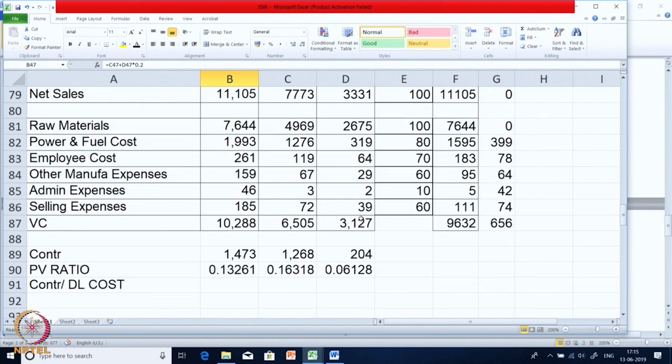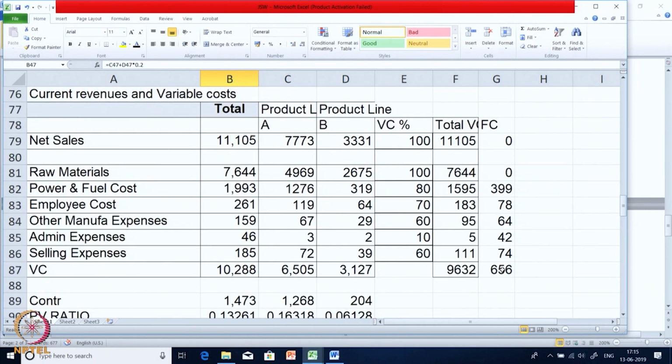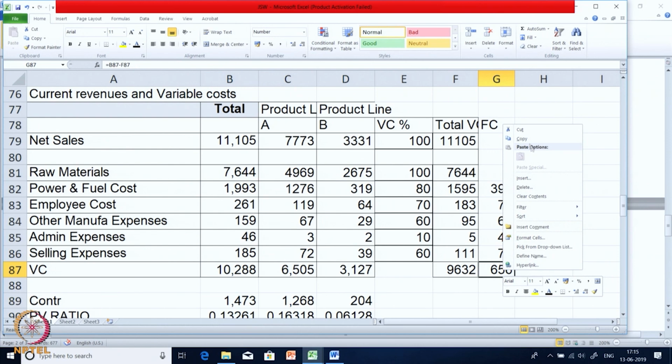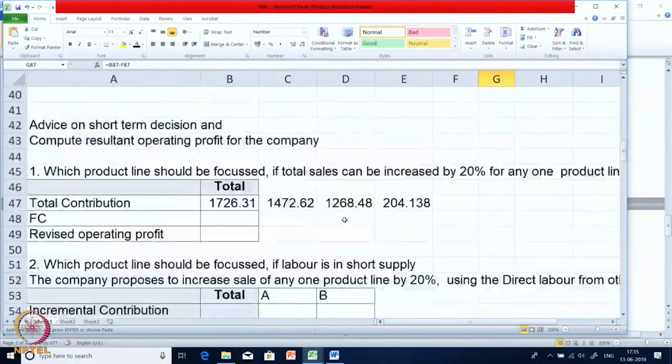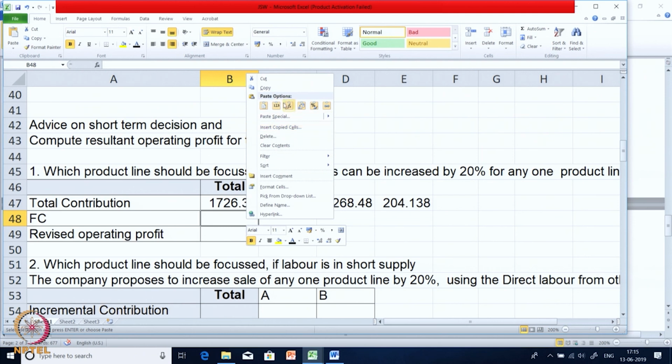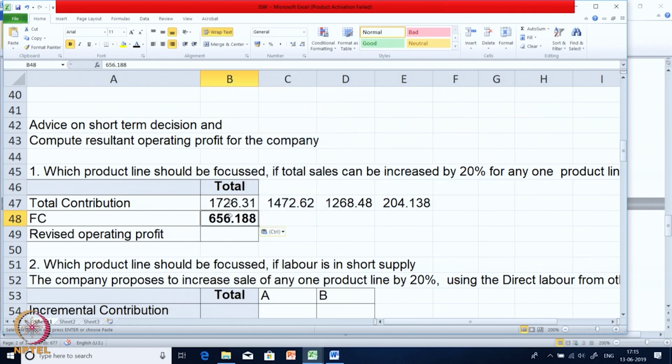Your current fixed cost, which is 656, is unchanged. And the revised profit will be new contribution minus fixed costs.